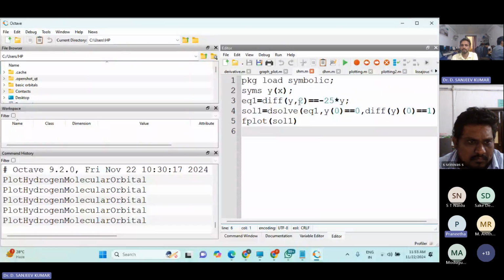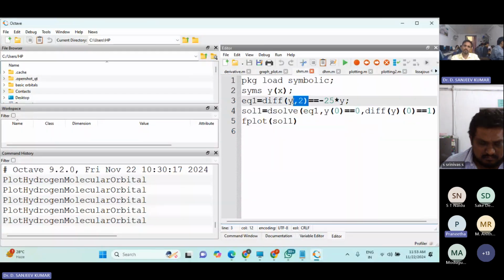I'm considering omega value to be 5. So d square y by dx square plus omega square y is equal to 0. Like that we have to write our equation, and we have to keep the first term on the left side and take all other terms to the right side. This is how we have to write a differential equation.